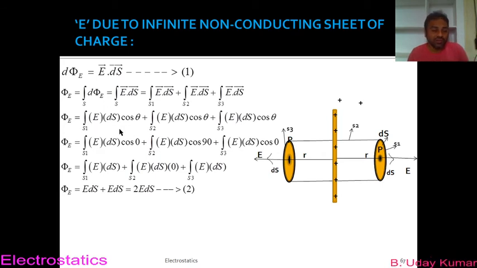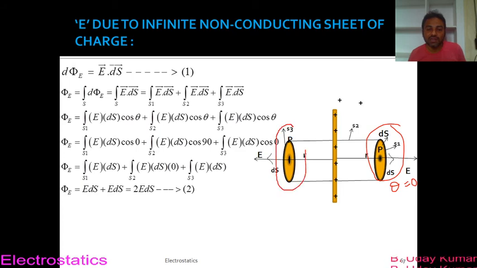Coming to this one, E ds cos theta, theta is the angle between E and ds at S1. Where do we have S1? This is the S1 region. At S1, the angle between E and ds is theta, which is 0, right? Similarly, this is S3, and even at S3 the angle between E and ds is 0.